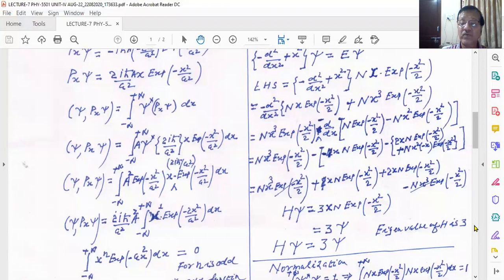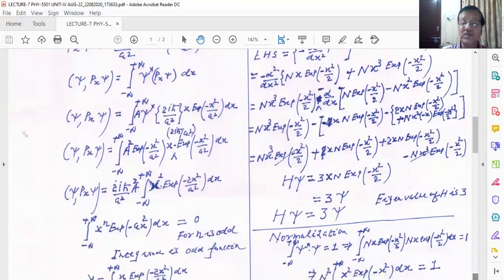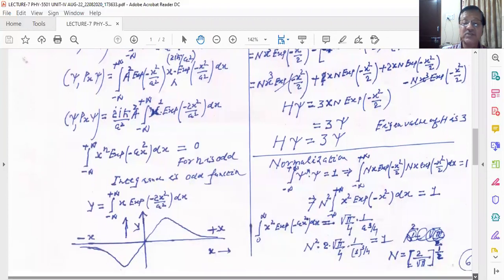And now we want to study the normalization constant. You see I write the condition for normalization. Integration of psi star psi is equal to 1, right? From minus infinity to plus infinity. So your wave function is nx exponential of minus x squared by 2, and because each term is real, the complex conjugate remains as it is.